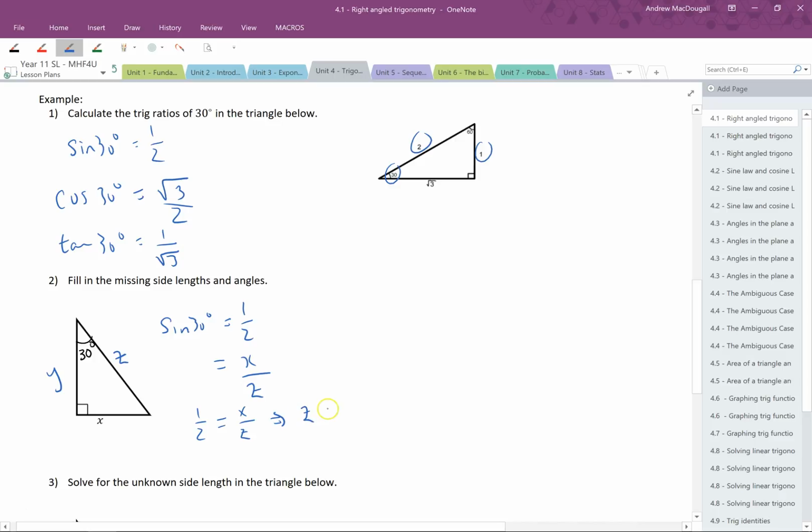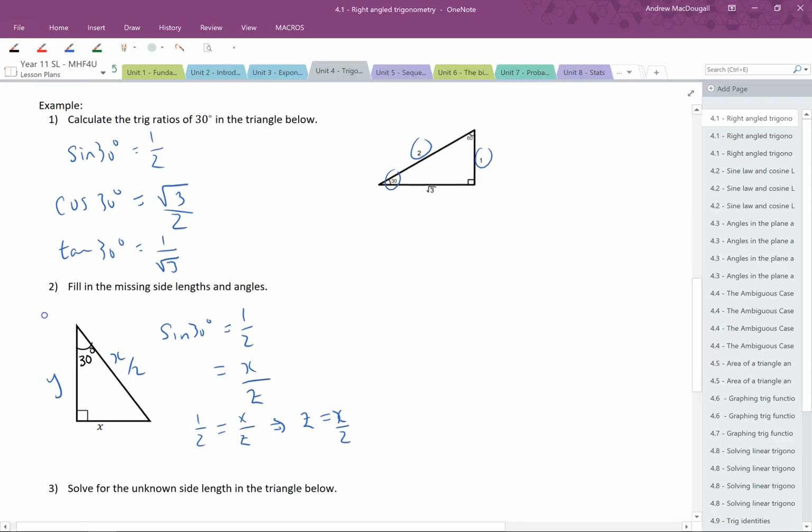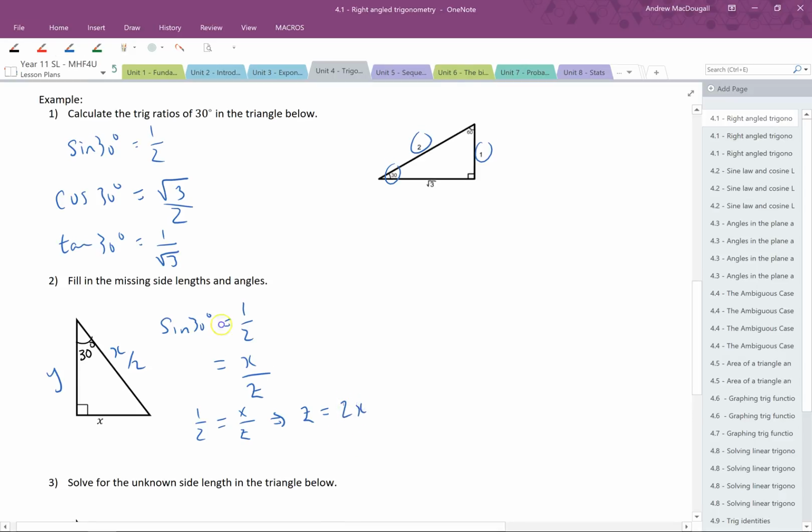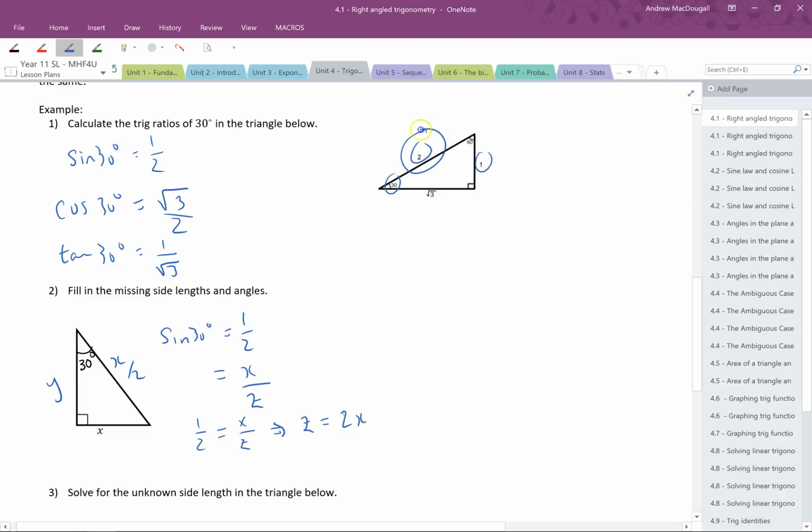Therefore, if you solve for z, you get z is 2x. And that makes sense because we know that in a 30-60-90 triangle, the hypotenuse has to be twice the side opposite 30 degrees. So this should be 2x.